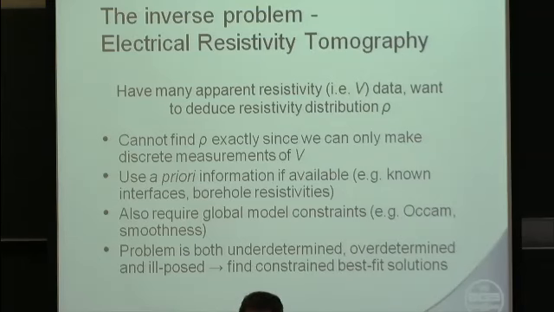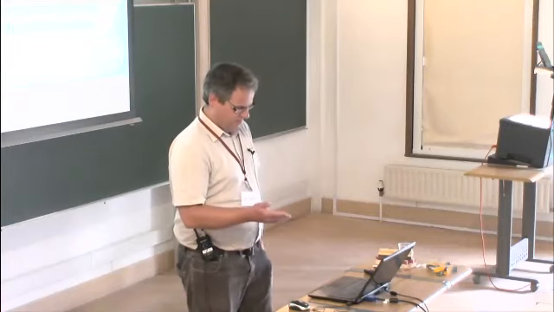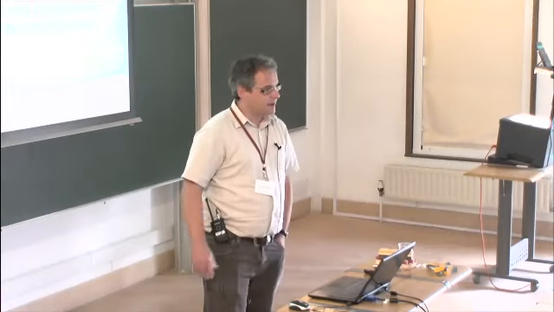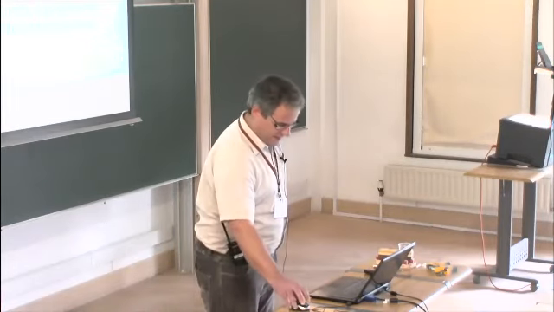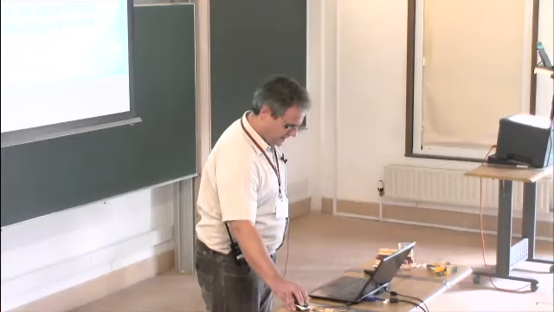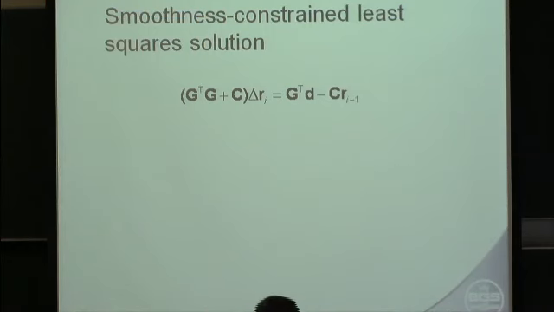But generally, we have to apply some global model constraints like model simplicity, model smoothness to the problem. So the problem is under and over determined. It's ill posed in the absence of the constraints. So the upshot is that we have to find best fit solutions that are compatible with those constraints. The way this is done is the problem is linearized, solved with a Gauss-Newton type approach.